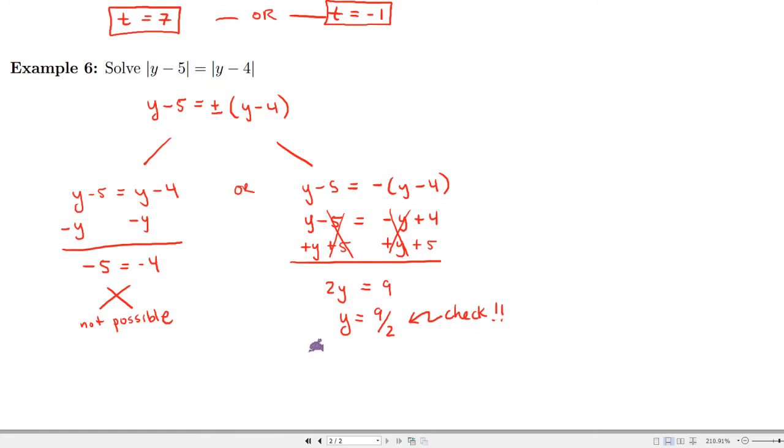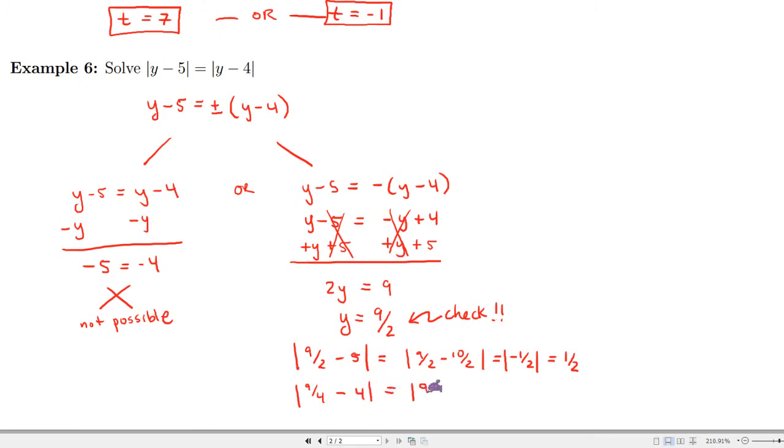Okay, so if we do 9 over 2 minus 5, what is that equal to? So that'll be the absolute value of 9 over 2 minus 10 over 2. And that's the absolute value of negative 1/2. And that's a half. Okay, so that's what the left-hand side would be. What happens if we simplify the right-hand side? So 9 over 2 minus 4.